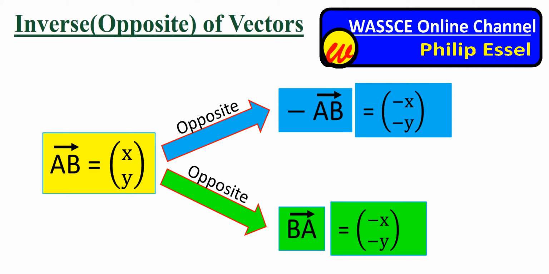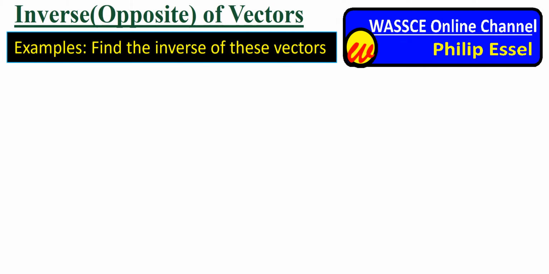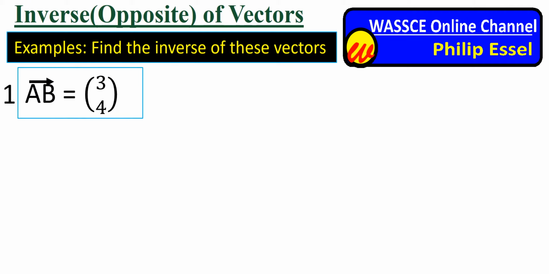Let's solve some examples. Find the inverse or the opposite of the following vectors. Example 1. Vector AB is equals to 3, 4.